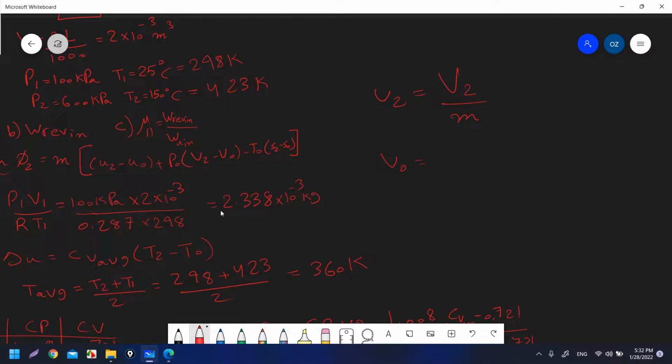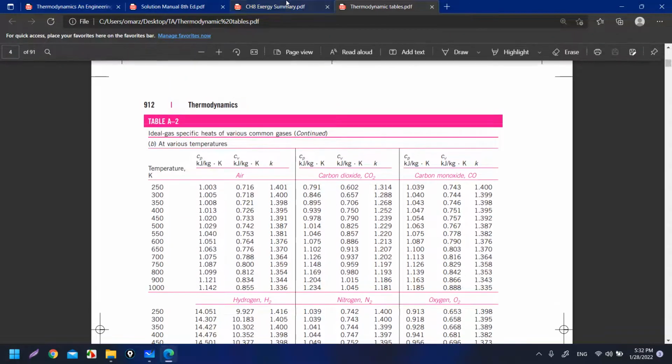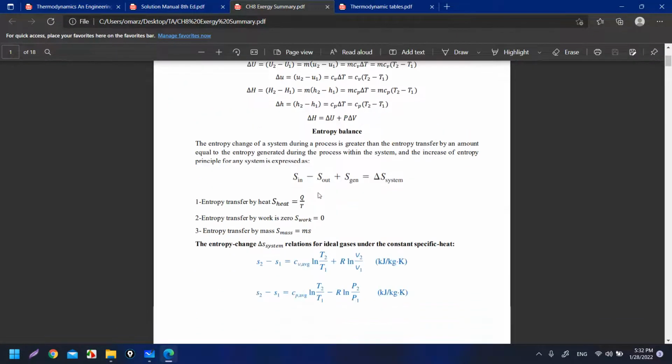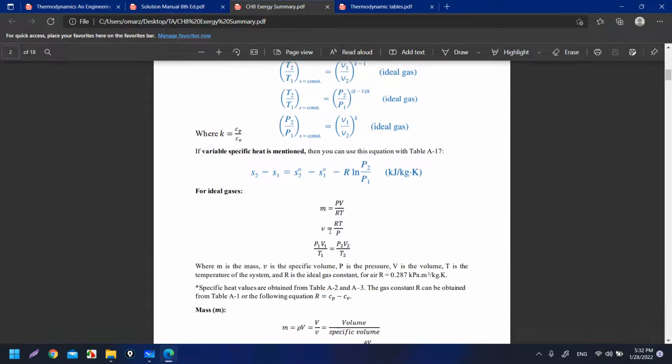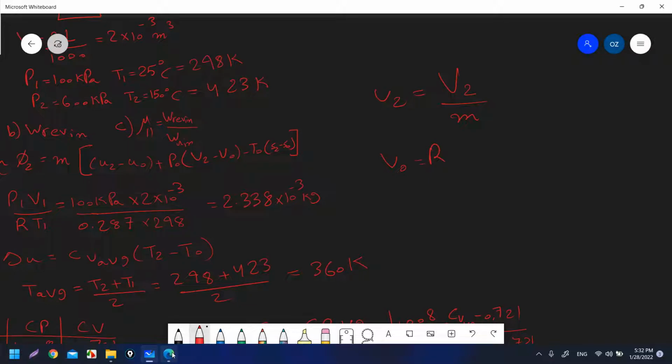So you can use the equation for the ideal gas if you want to find the specific volume for ideal gas. You have to use this equation, v equal to RT over P. For the specific volume v2, you don't have V2. You usually say it is volume over the mass, but here we don't have V2.